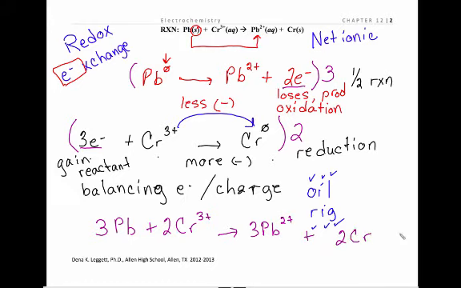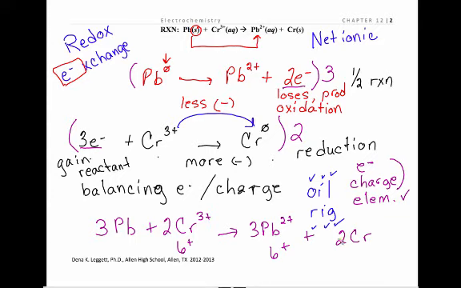Now, you want to check that when we're balancing, we balance electrons, we balance charge, and we balance elements. Normal balancing focuses on these. In this unit, we want to include electrons and charge. Now, on this side, I have 6 positives, and on this side, I have 6 positives. So I have balanced my charge. Since it's a net ionic, that charge isn't 0, but it must still be balanced.